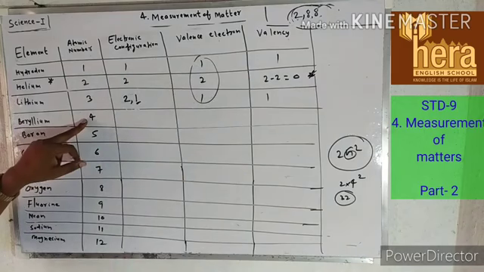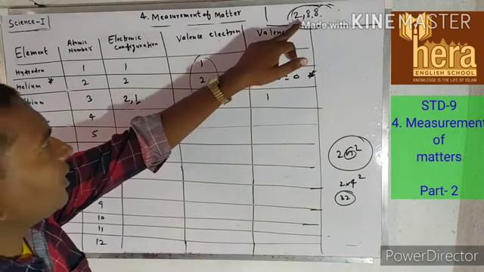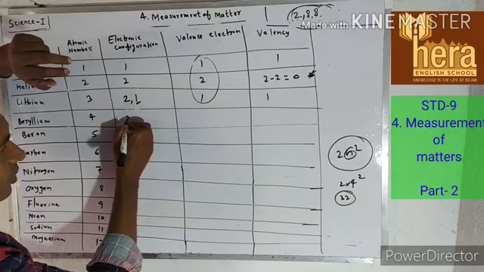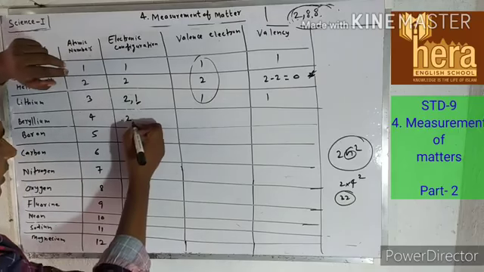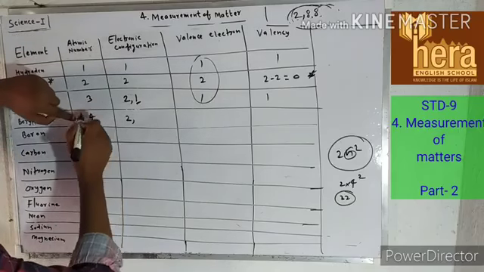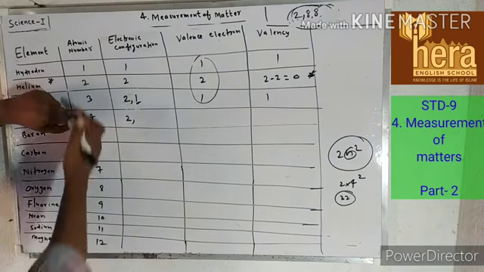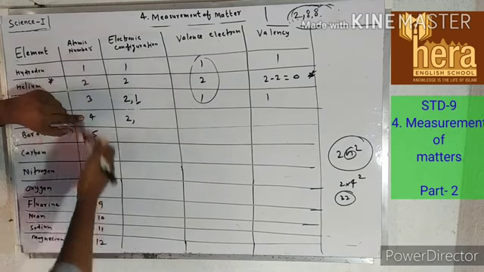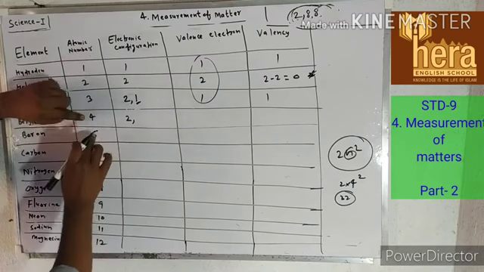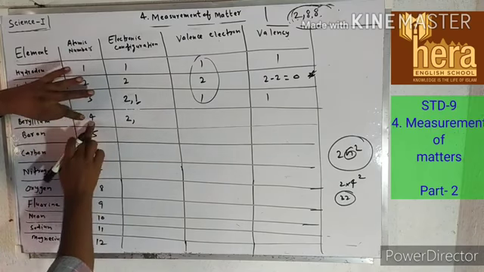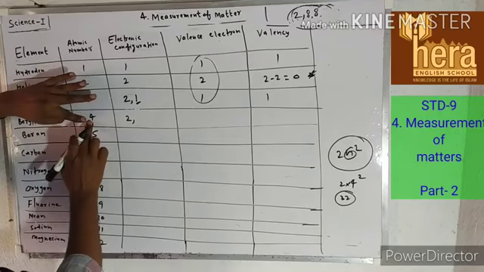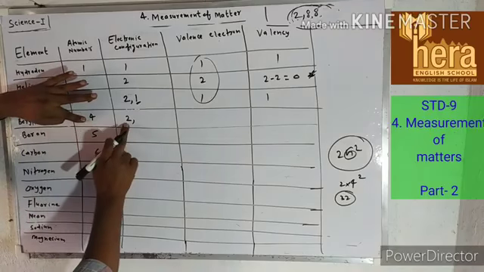Beryllium, atomic number 4. In first orbit we can place 2 electrons. Atomic number means number of protons and number of electrons, and we know that number of protons is equal to number of electrons. So in case of beryllium, total there are 4 electrons. Out of 4 electrons, you have placed 2 electrons in the first orbit.